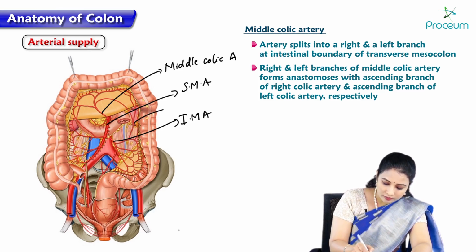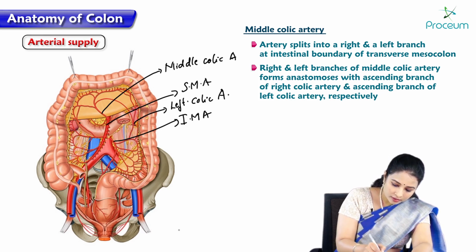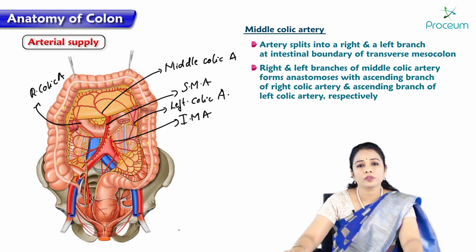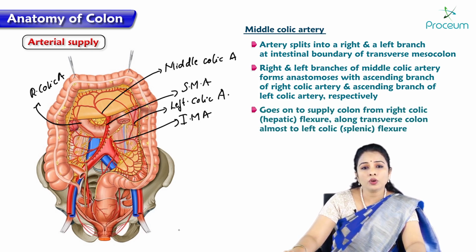So here is the left colic artery, the right colic artery. So the middle colic artery goes on to supply the colon from the right colic, that is the hepatic flexure, along the transverse colon and almost to the left colic, the splenic flexure.